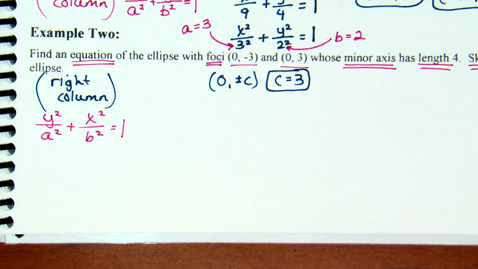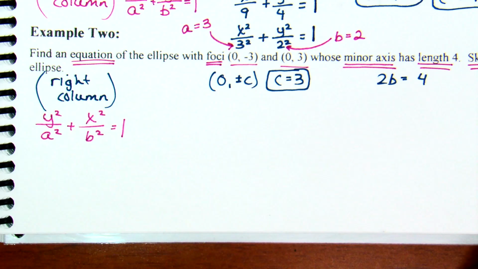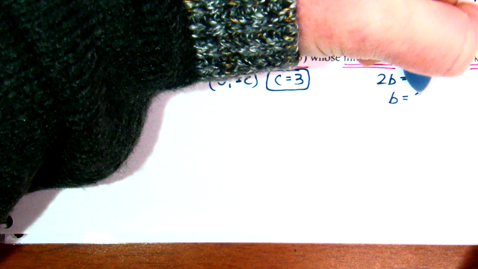What does your chart say about the minor axis? 2b. So if the minor axis has length 4 and the minor axis is 2b, then that means 2b equals 4. And if 2b equals 4, b is 2.